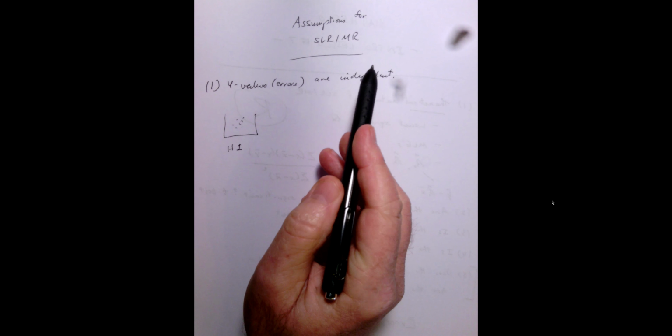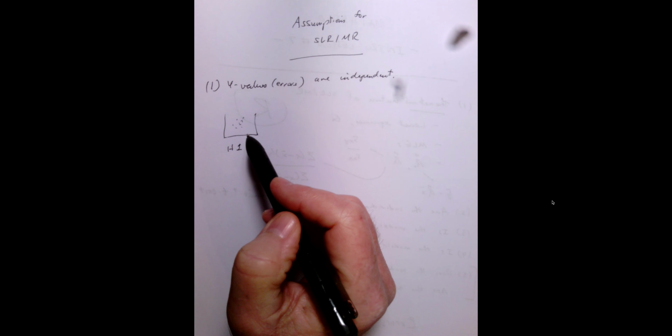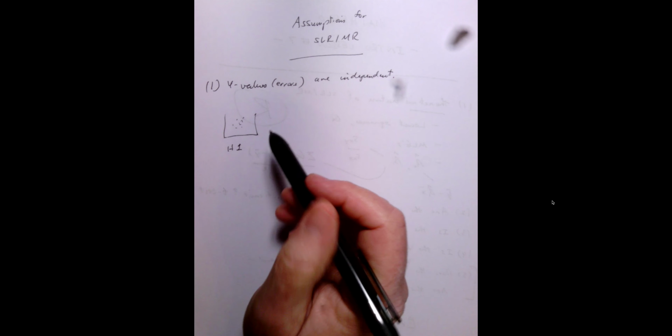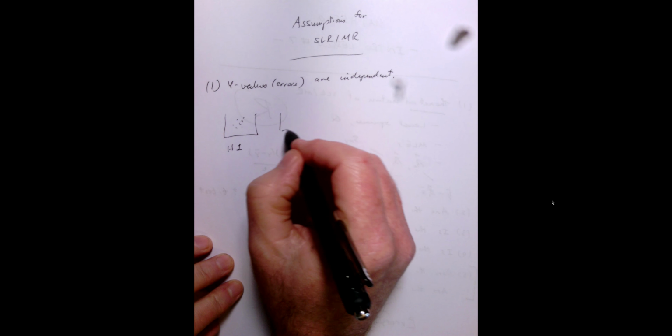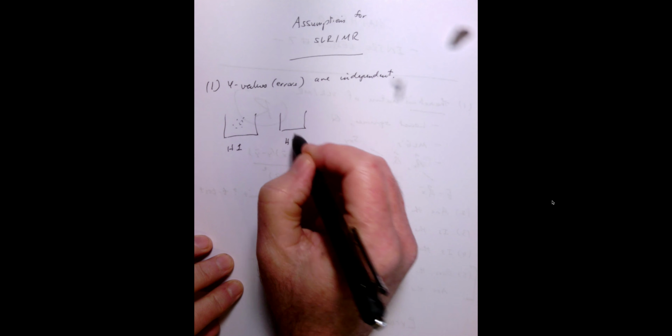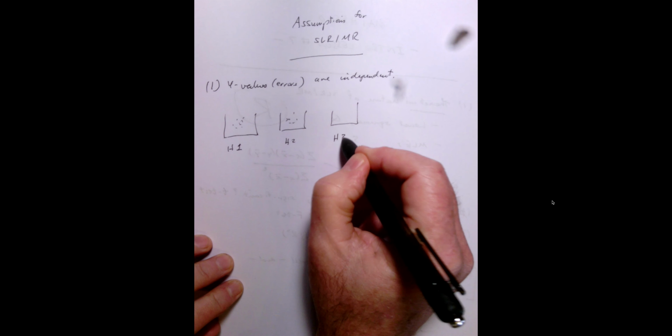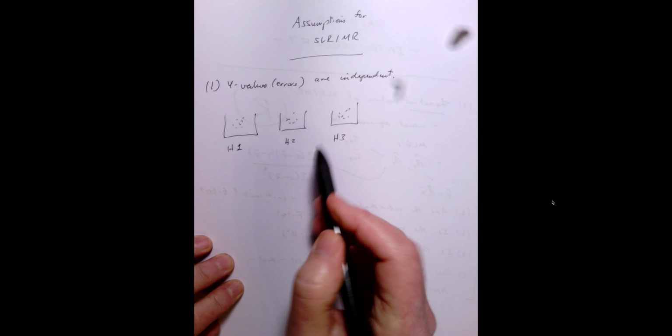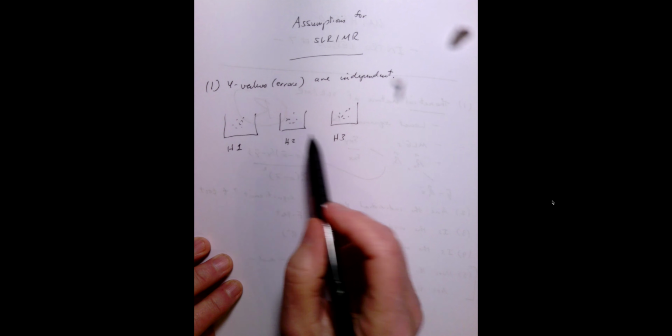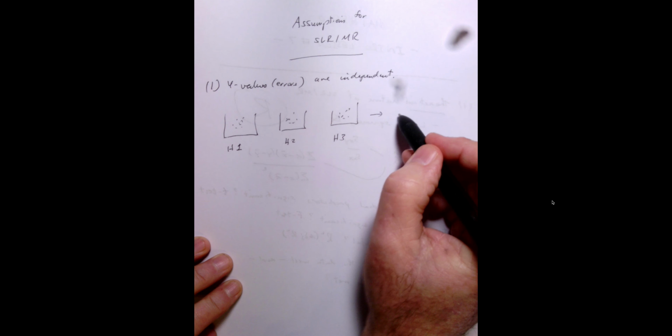Well, we really don't have a problem with independence unless there's some sort of internal wackiness going on with the data collection. But let's say that we also collect data from hospital 2 and maybe hospital 3. And instead of generalizing just to these three hospitals, we want to generalize to all hospitals.